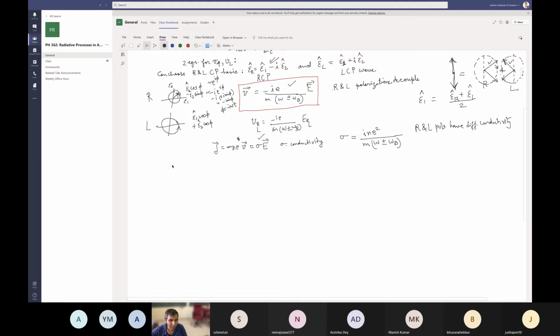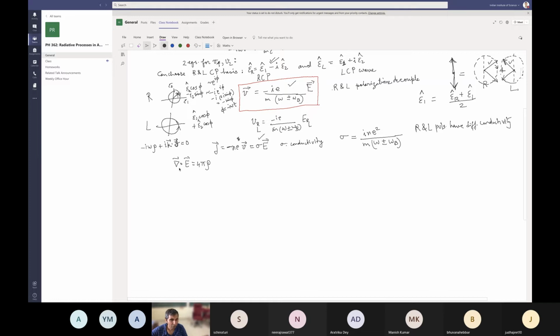So you recall in the last class we wrote our equation del dot E is equal to 4 pi rho, where rho is the charge density. And what we did was we wrote rho, right? So we know that minus i omega rho plus i k dot j is equal to 0. This is the conservation of charge.